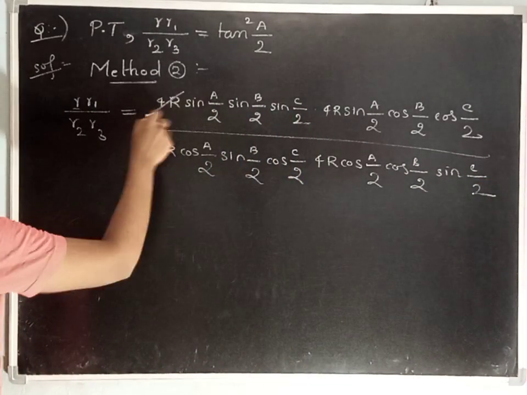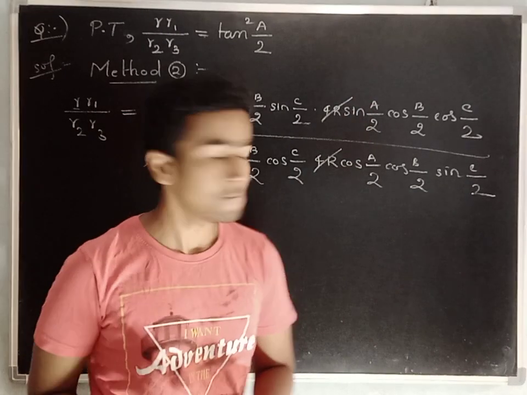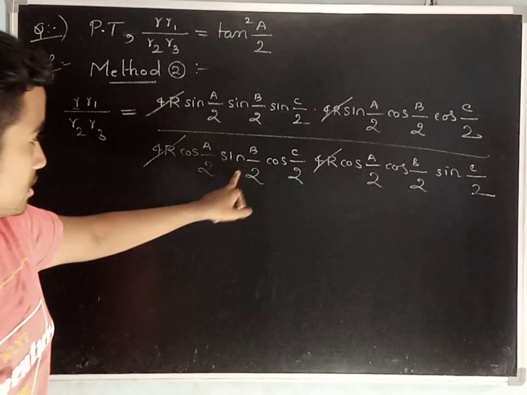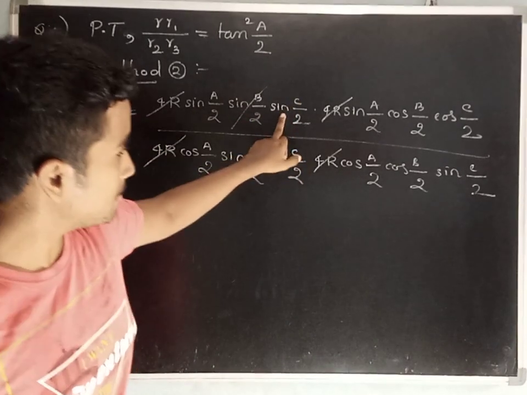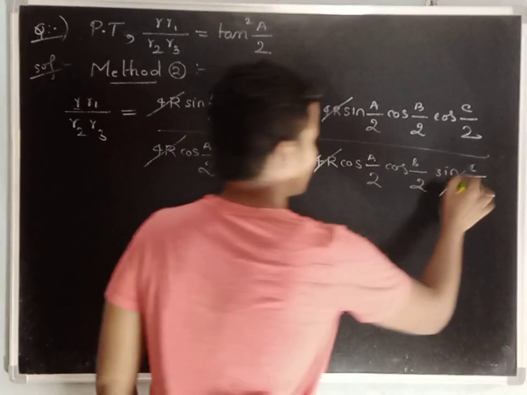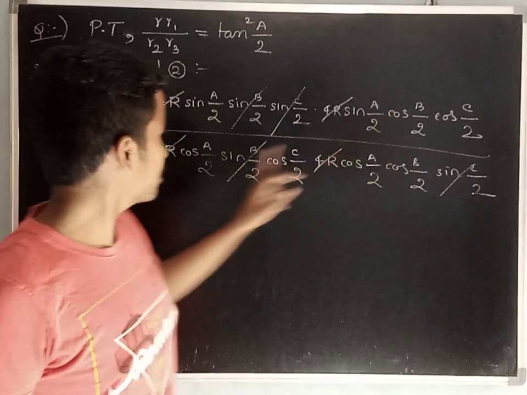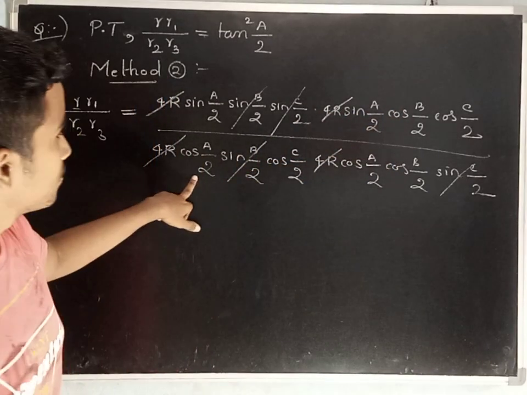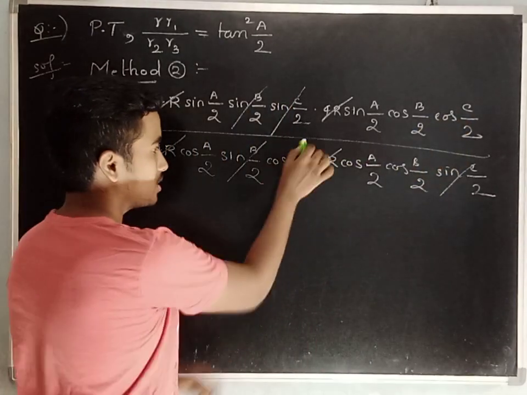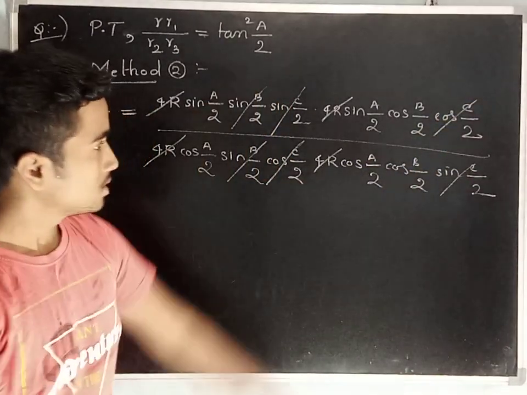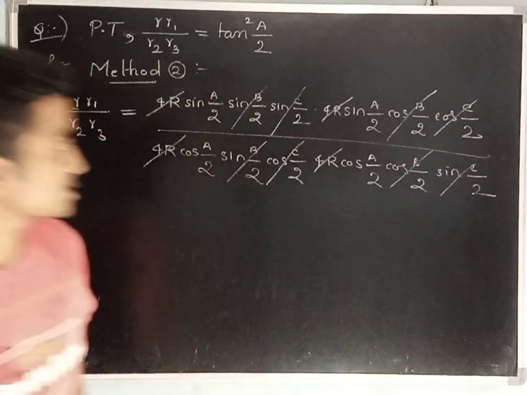4R gets cancelled, 4R gets cancelled, sin B by 2 and sin B by 2 both get cancelled. Next sin C by 2 and sin C by 2 get cancelled. Cos C by 2 and cos C by 2 get cancelled, cos B by 2 and cos B by 2 get cancelled.